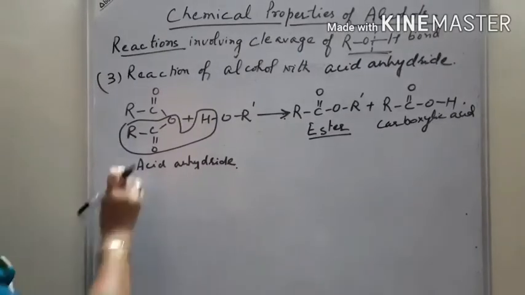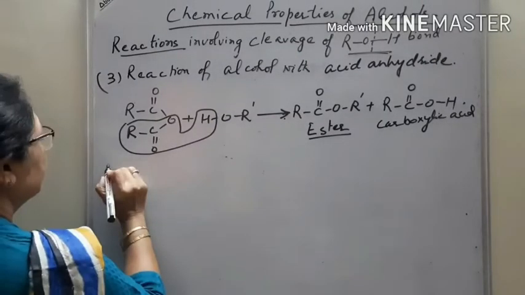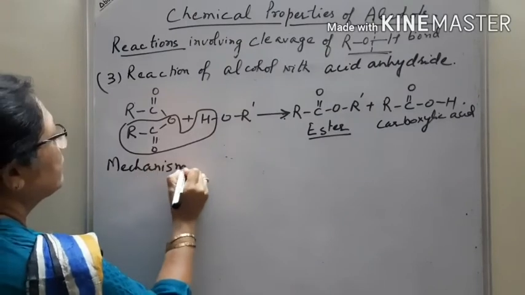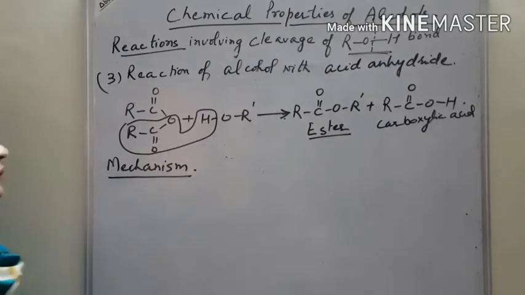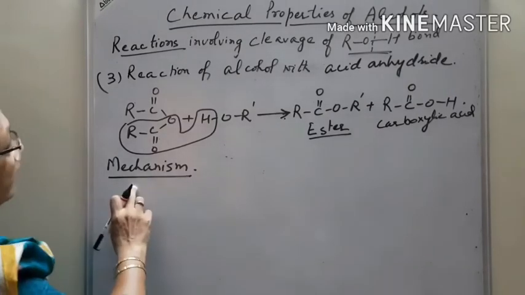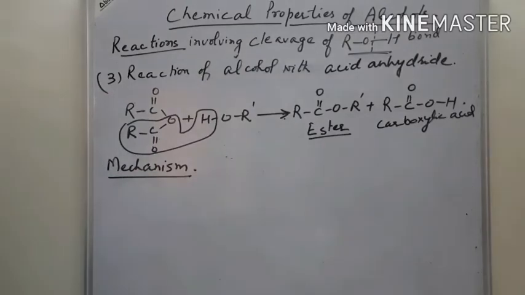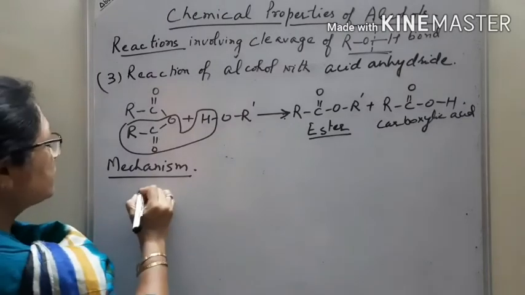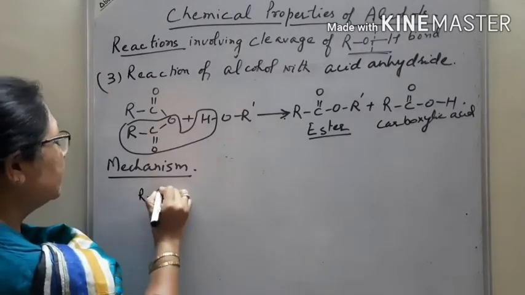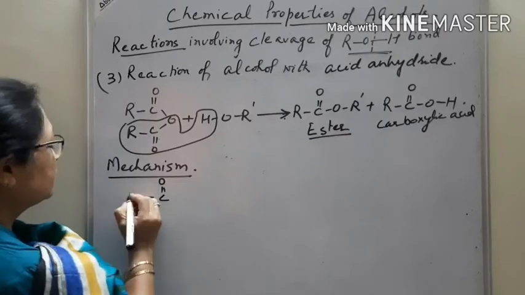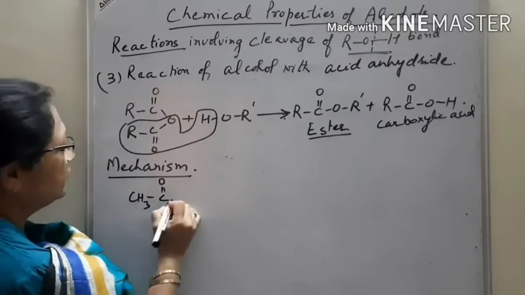Now we write down the mechanism. Same mechanism just like that of the acid chloride, right? First you take the acid anhydride, or you can write it here CH3.